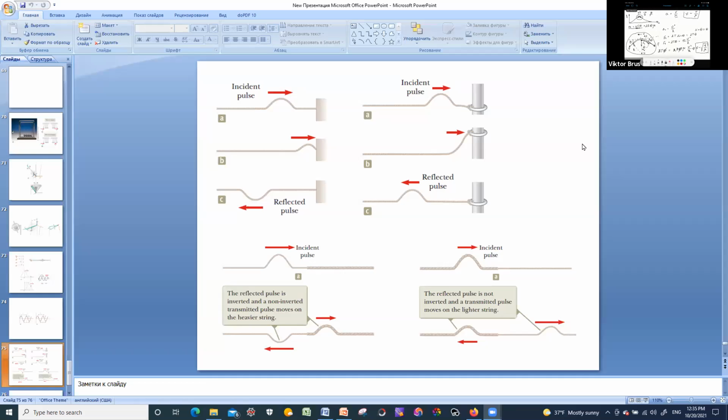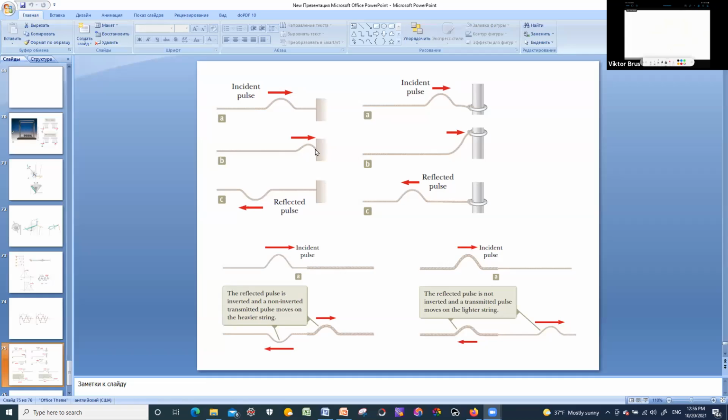Okay, so now let us assume that we created some pulse in a string which is attached to the wall. So it is firmly fixed, this end cannot move. And this pulse is moving from the left to the right and hits the wall.